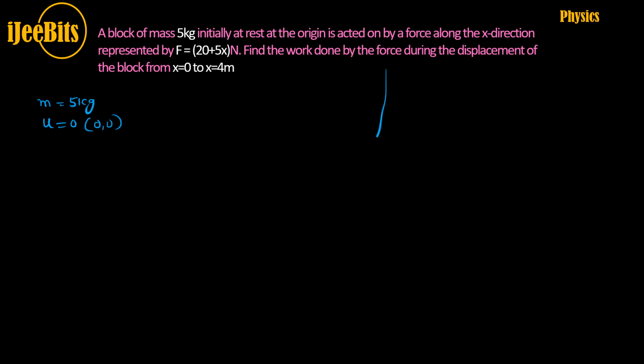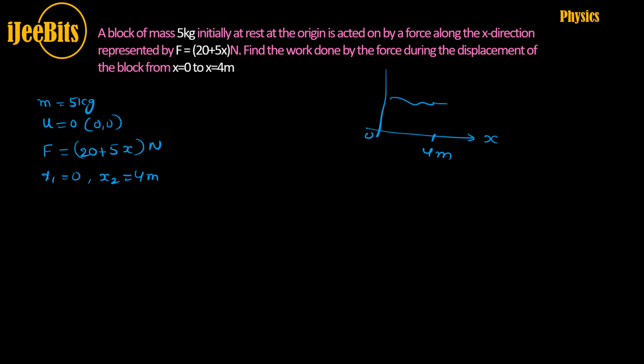In the x direction it is moving from 0 to 4 meters, so some sort of variable work is given. F equals 20 plus 5x newtons. The positions are x1 equal to 0 and x2 equal to 4 m.